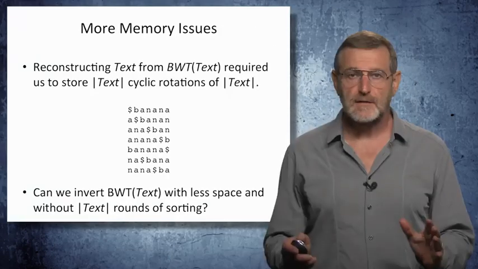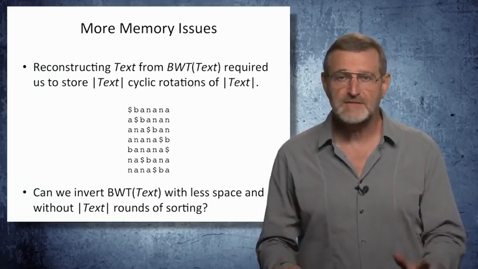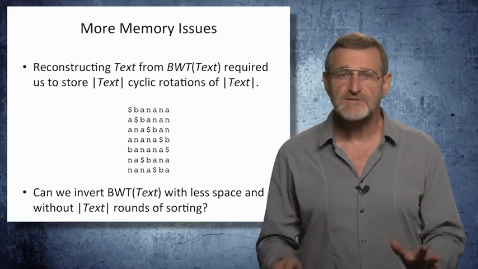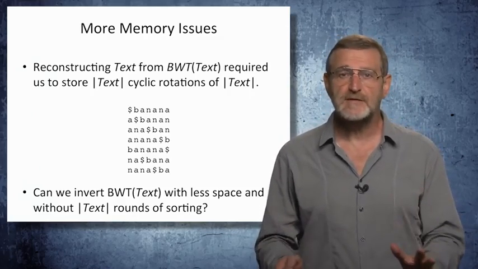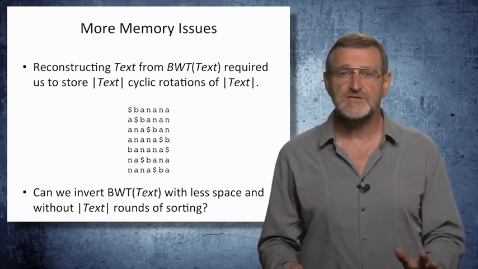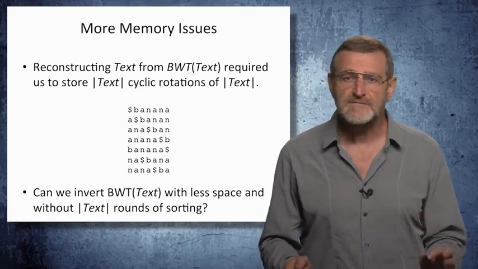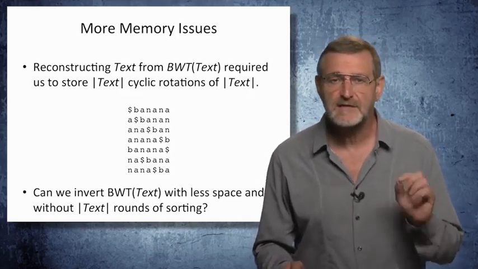But it only makes sense if we can invert this transformation. And from the compressed version of the Burrows-Wheeler transform, we can easily go back to the original Burrows-Wheeler transform. But can we go back from the Burrows-Wheeler transform of the genome to the genome itself? Is it even possible?